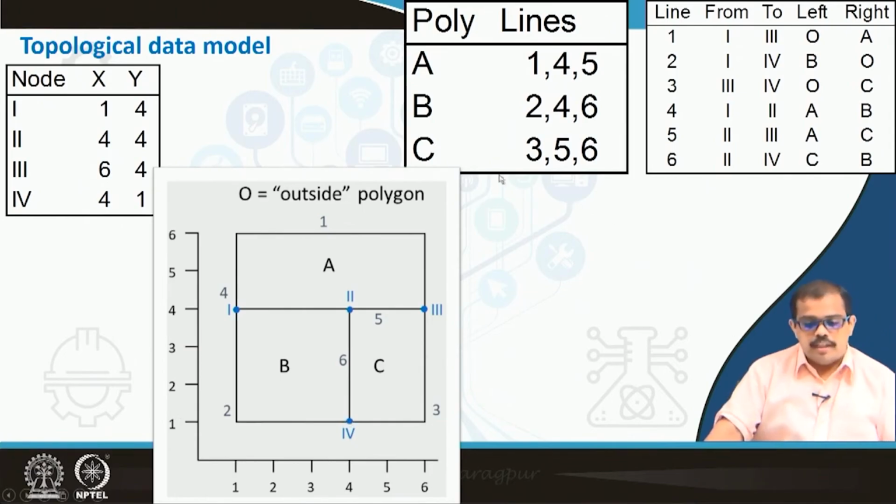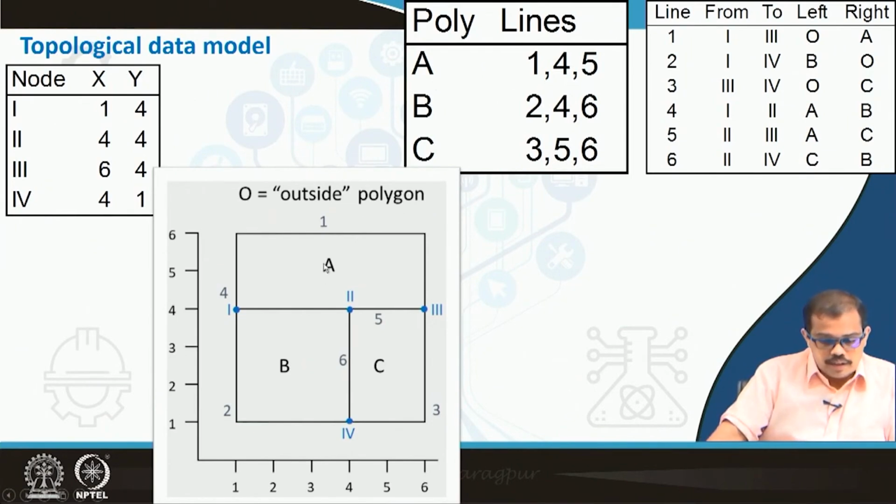When you are representing polylines, for example, if we are representing any of those polylines, it is represented in the form of 1, 4 and 5. This particular polygon is bounded by 1, 4 and 5. All of these three are different polylines.